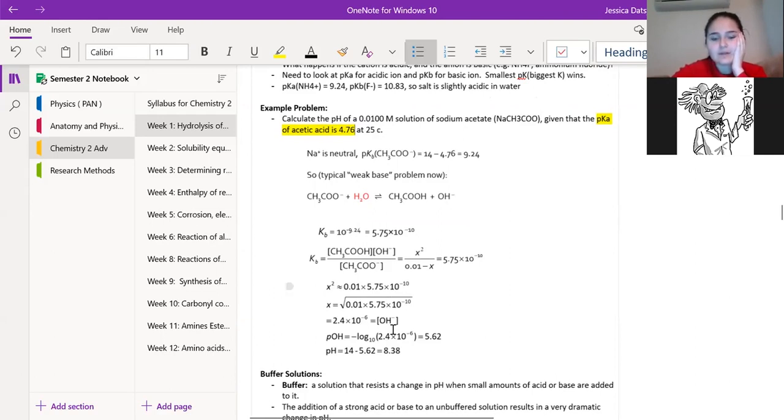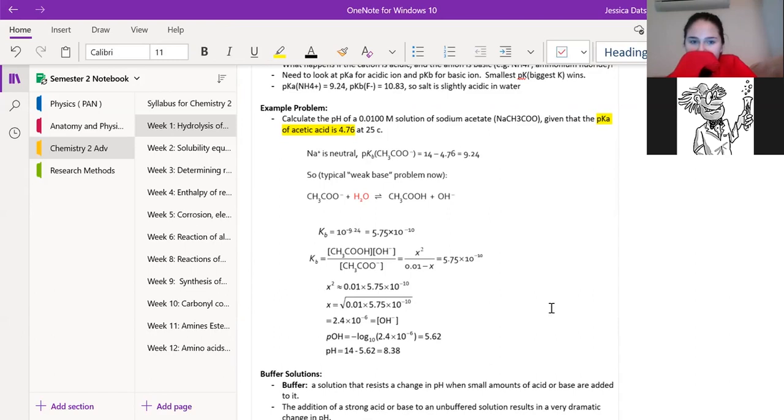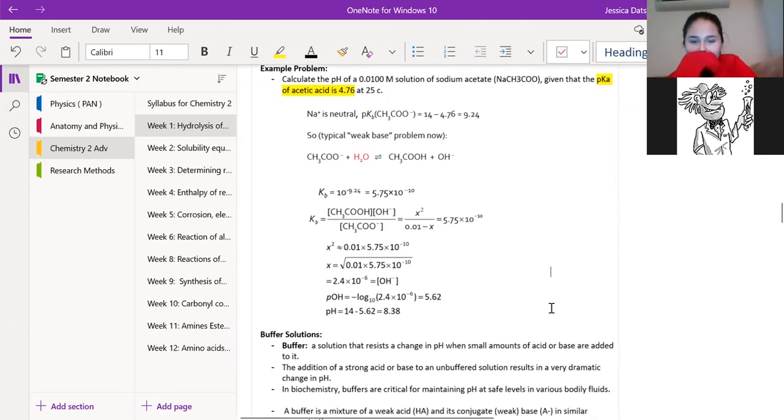And the other thing that changes is here, the pH, because you know how to work out the hydroxide value. Remember, 14 minus the pH to get pOH, yeah? Same thing. That's all. Still with me?